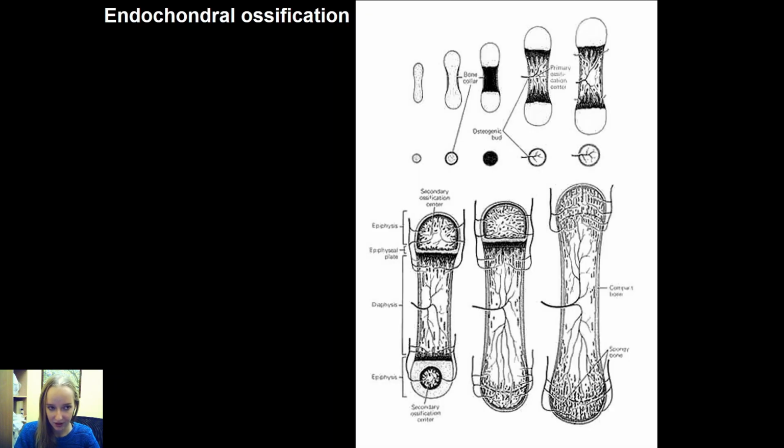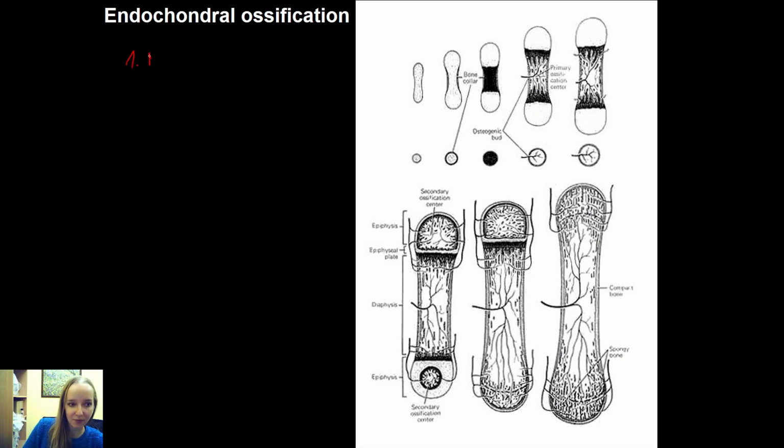Okay, and the endochondral ossification is much more difficult. You form long bones with this endochondral ossification. And really at the beginning of chondrogenic ossification, as I'm going to call it, we have the mesenchyme.